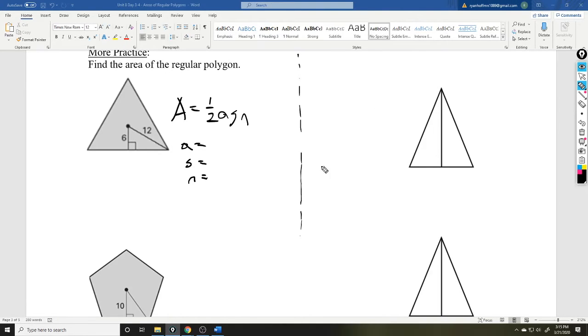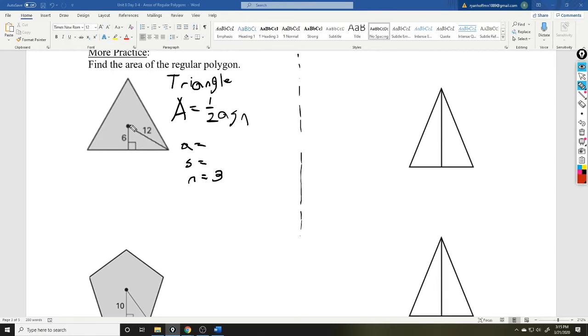Now, just a reminder, I put all my work with actually finding the area over here, and then using the triangle work to solve for what we're trying to figure out, I'm putting over here. Speaking of which, this is a triangle. Which means that n, our number of sides, has to be 3. And our side length and apothem, let's see, what are we given?